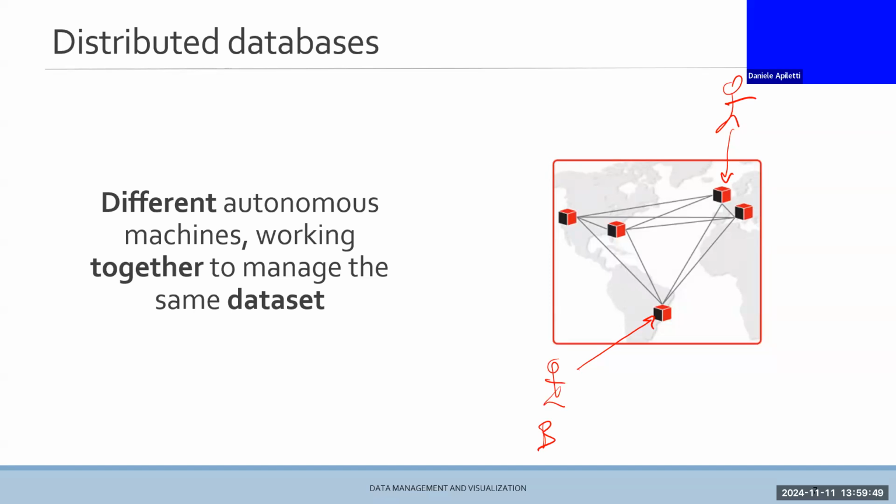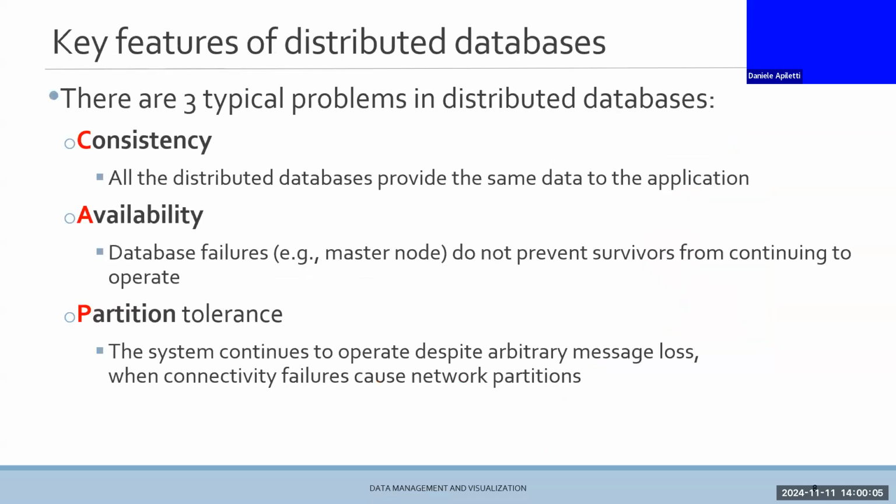So for every query I launch at my database, the answer must be the same from any point I query the database, which means that every node must have the same data. That's the only way in which I can guarantee this behavior. This is called consistency. All the nodes of the database provide the same data to the application, which means replying the same way to any query.